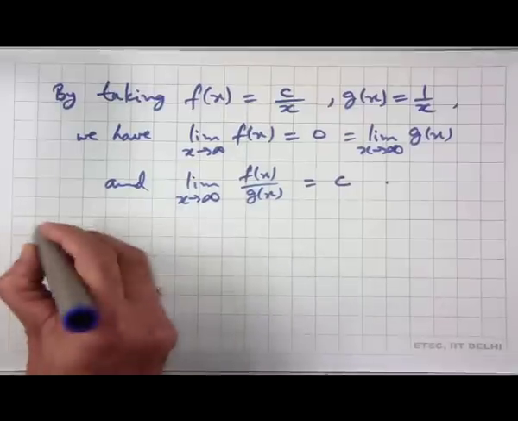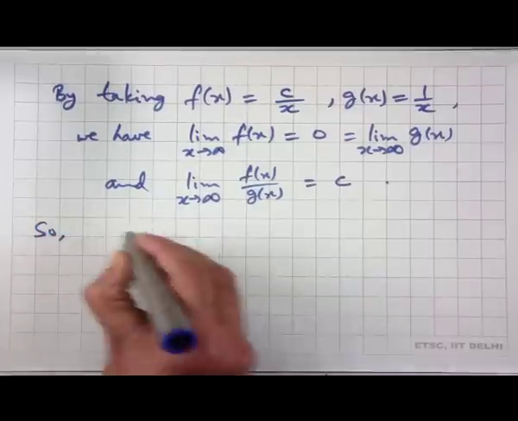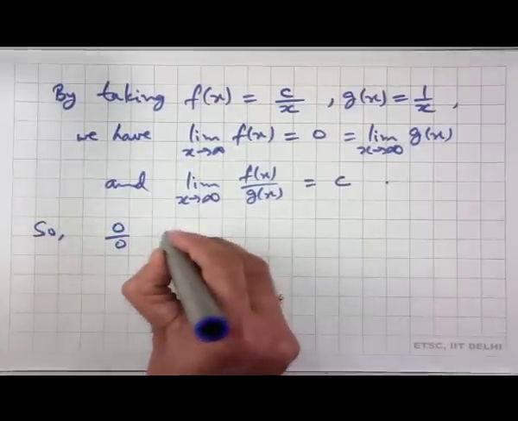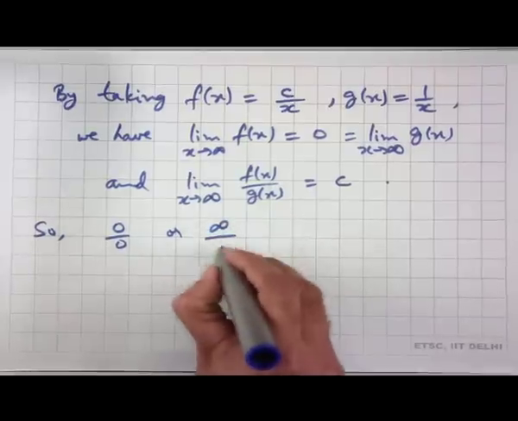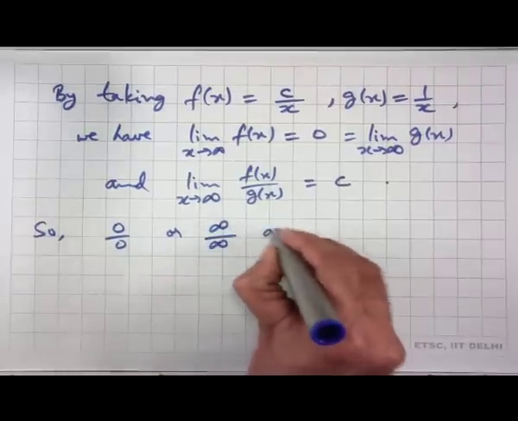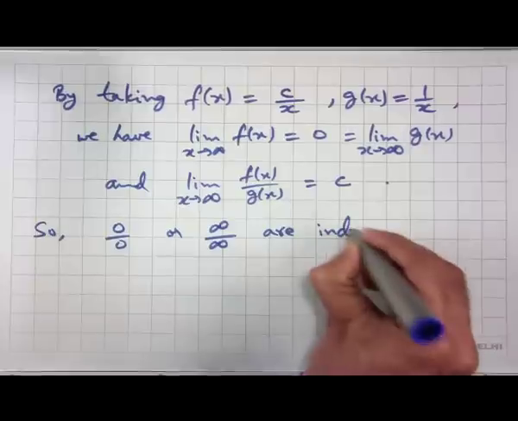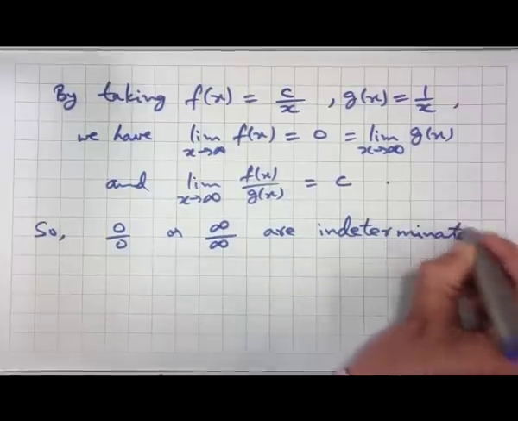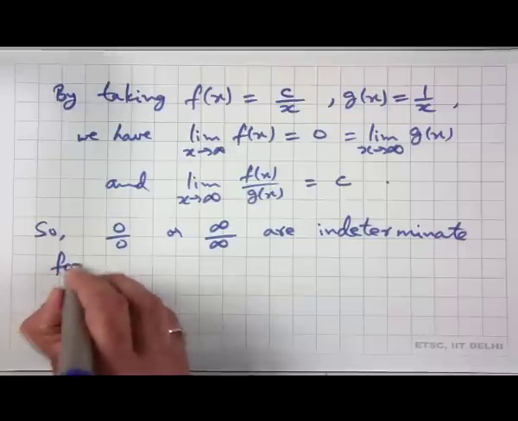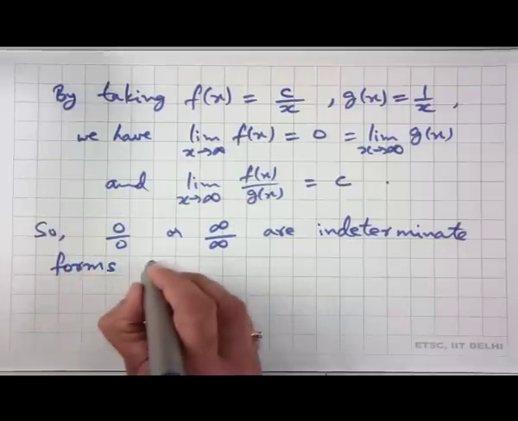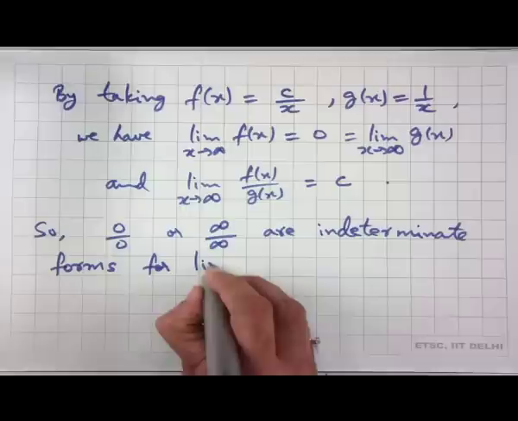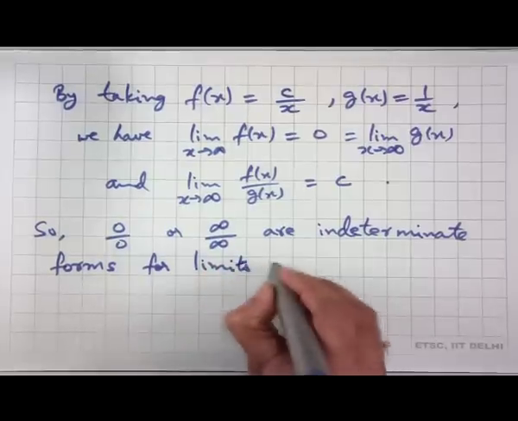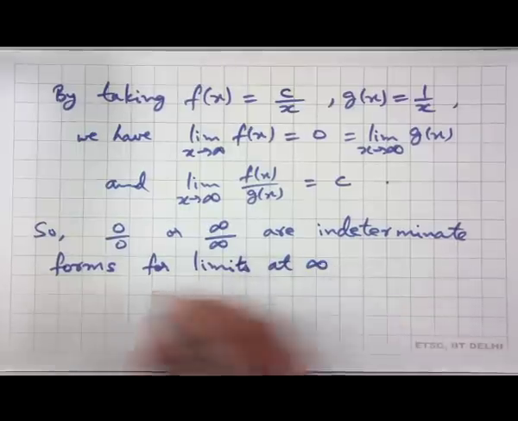Similarly, if both are infinity, we will get indeterminate forms. So, 0 by 0 or infinity by infinity are indeterminate forms, for limits at infinity as well.